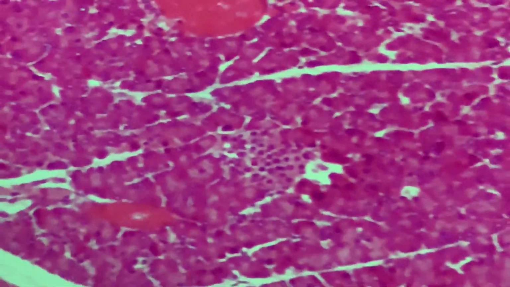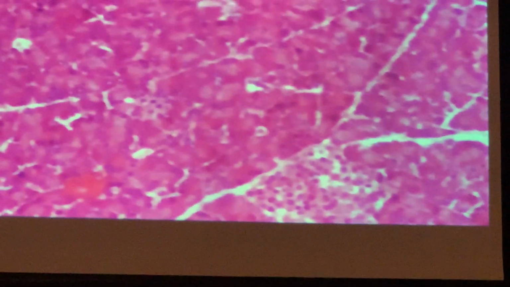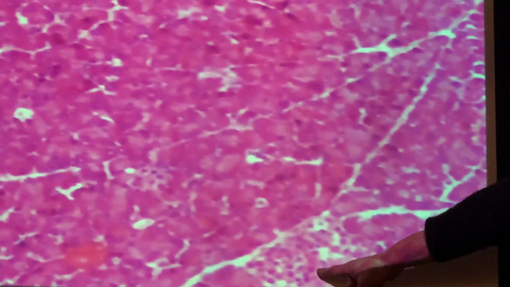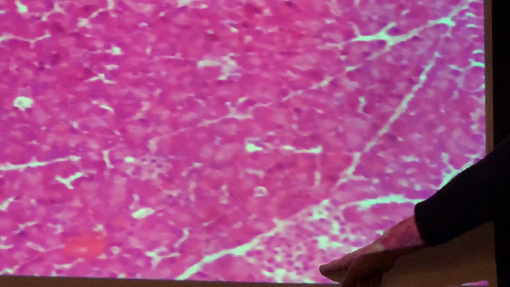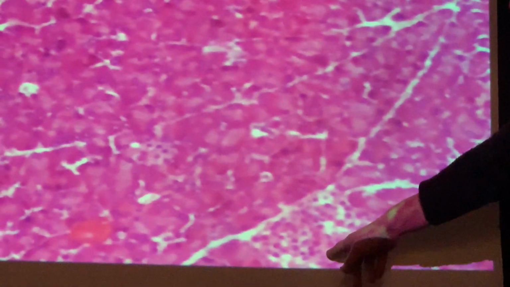Can you see that this is an islet right here too? And then right here. Okay, so that's what you're looking for. So on the test, if I point to this, you're going to choose the option of pancreatic islets, or it might just say alpha and beta cells, one of the two.